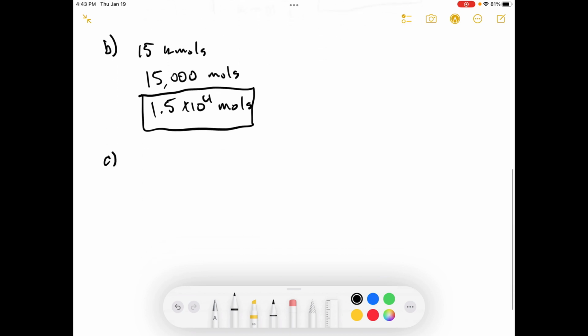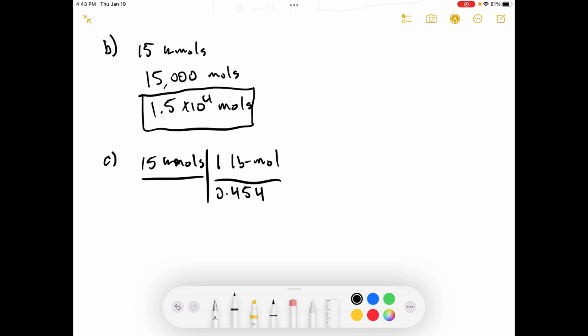Okay. Part C, pound moles. Okay, so if we have 15 kilomoles, then we have 1 pound mole is equal to 0.454 kilomoles.